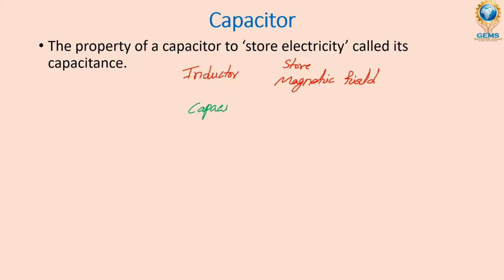Capacitor is going to store electrical energy in the form of electrostatic field. Okay, this is the difference between the inductor and capacitor. These two elements are going to store the electrical energy, but one is going to store in the form of magnetic field, second one is going to store in the form of electrostatic field.